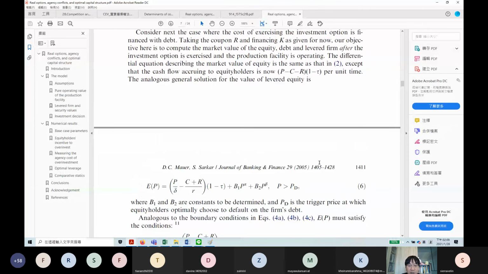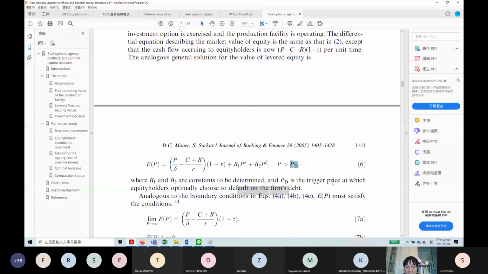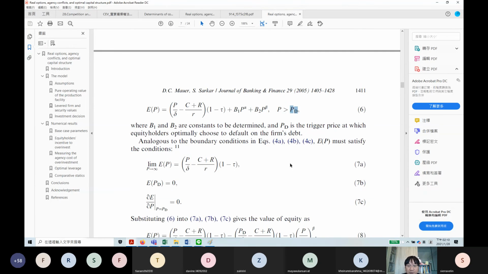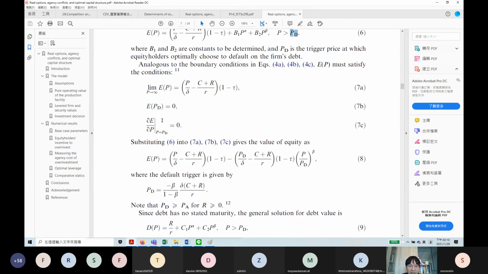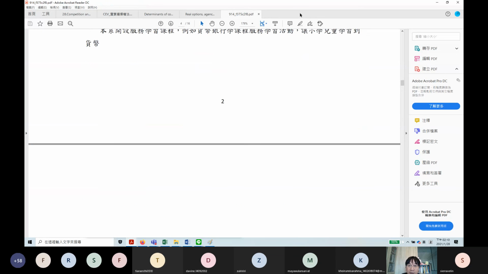You see equation 6. They first find PD. PD means the trigger price, the criterion for the debt holder. Okay, we check. This is the second paper.